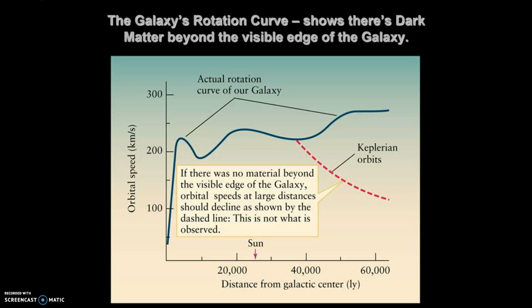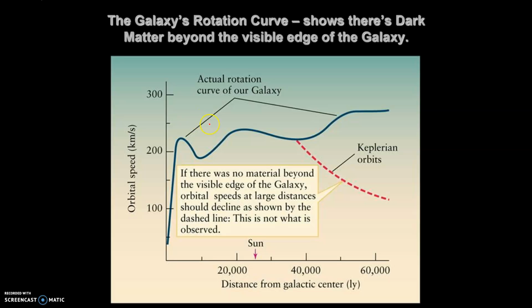So if we take a look at our galaxy's rotation curve, it shows some dark matter beyond the visible edge of our galaxy. If you look, there's no visible material beyond the visible edge, but our orbit speeds at large distances would be expected to decline, and this is something that we can't really observe here.